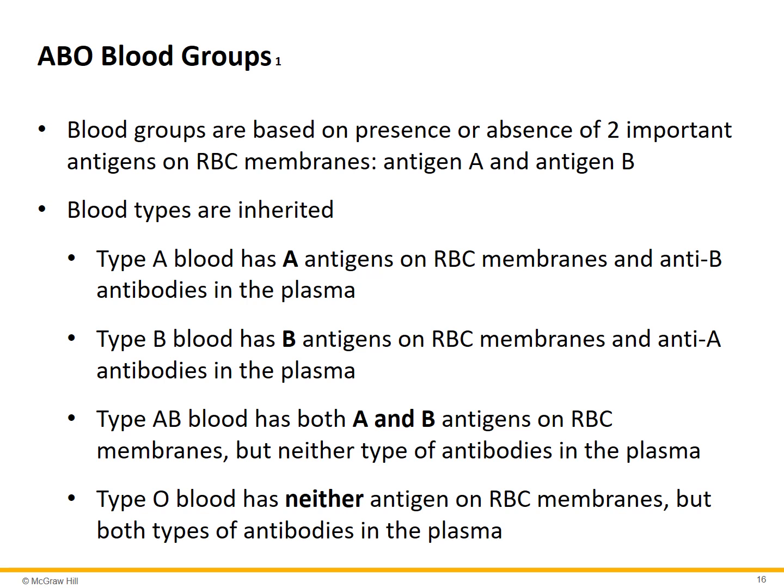There are also individuals that are type O, and I think of it as 0, but it means that they have neither antigen. You just don't have A, you just don't have B, and so you would sense A blood, B blood, as well as AB blood as being foreign because you have both types of antibodies in your plasma.